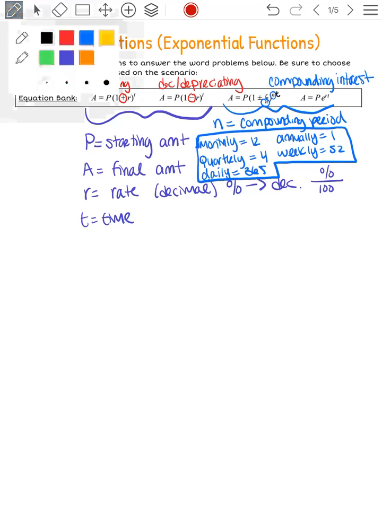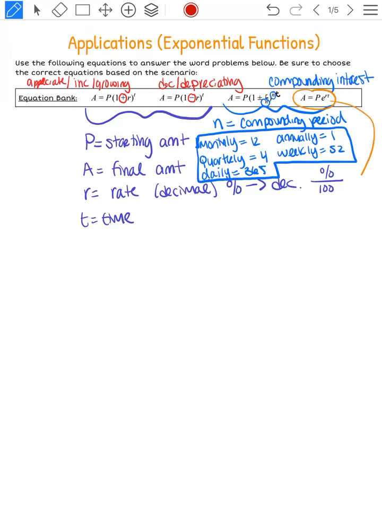And then our very last equation here in orange, we're going to use for things that are being compounded continuously, which means literally all the time, every second, every millisecond. Would be great if this happened with money. Sometimes that's the word problem situations, but it's not super realistic.